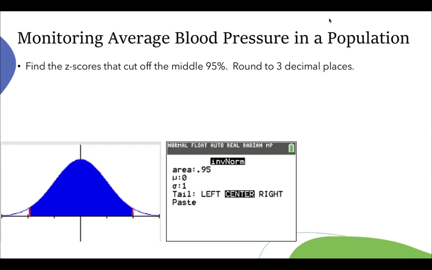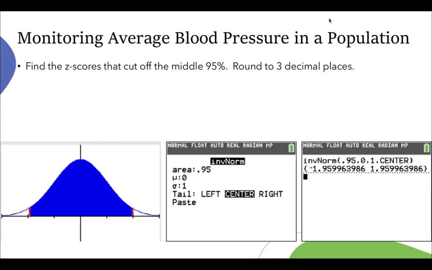And when we do this, our two z-scores are further away from 0. 1.9599. We're going to round this to 3 decimal places, but when we round the 9 up, this 59 becomes a 60. So it's negative 1.96 and positive 1.96.